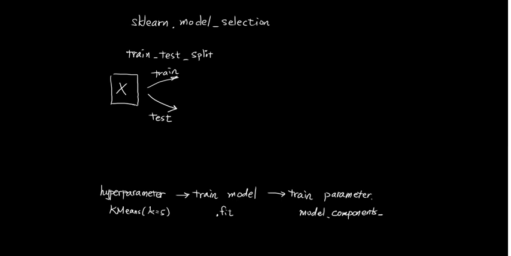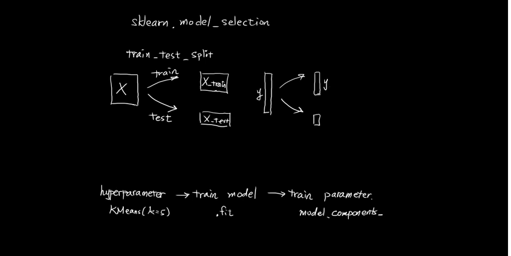The idea is you take part of X, and you can call that X train. And you can get the other part of X, and it's called X test. So you can split this, and you can also split Y into two parts, the upper part and the lower part, Y train and Y test.